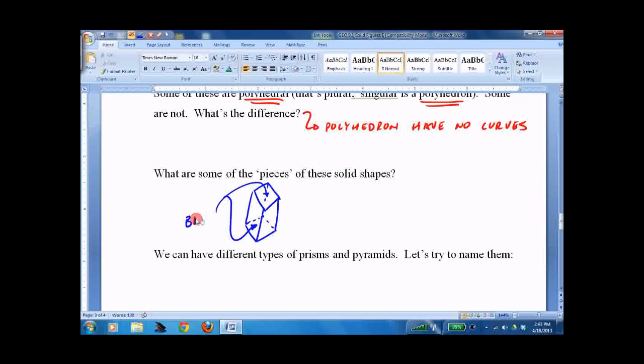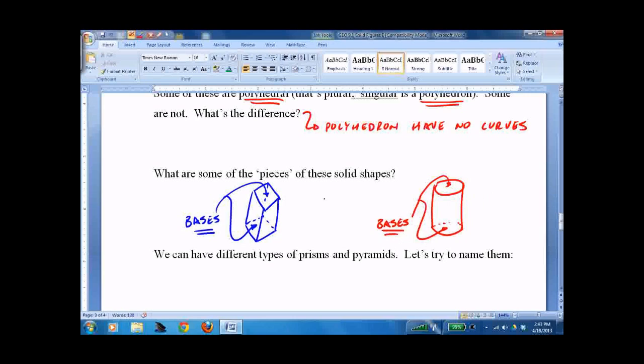These are the bases, the tops and the bottom. Same thing for a cylinder. They're also called the bases.